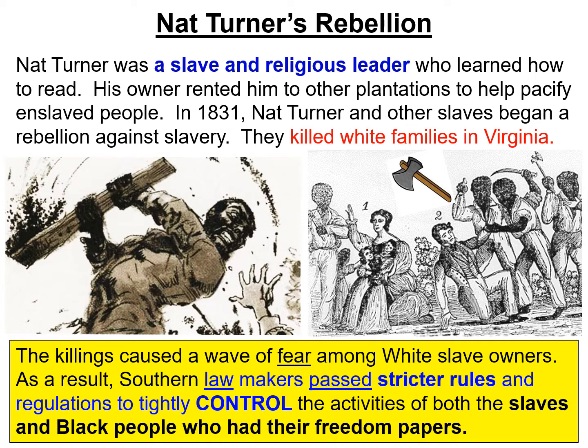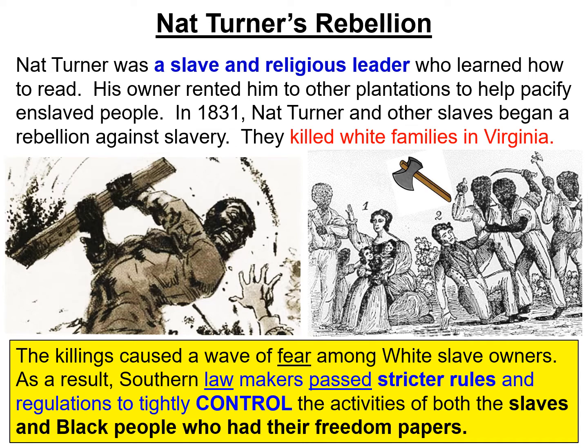Now, this was very alarming for slave owners. So they began to make more laws that would restrict the movement of Black people and try to control their activities, because a lot of the slave owners now were afraid.